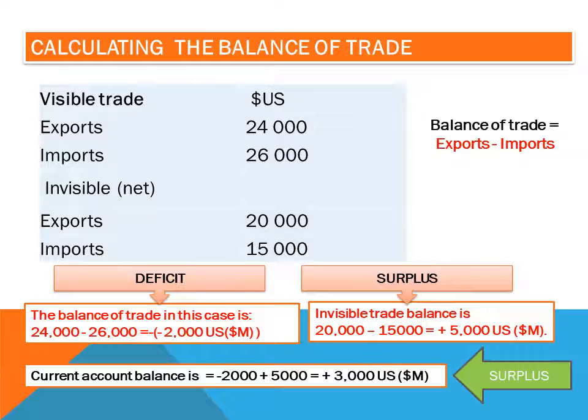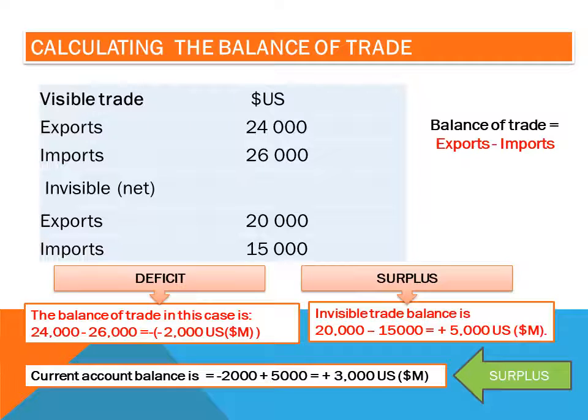All right. I mentioned there is a little calculation involved. In your current account, you calculate the visible trades and the invisible trades, right? The balance of trade is going to be the difference between the values of your exports and imports, and the balance of trade is for the visibles.